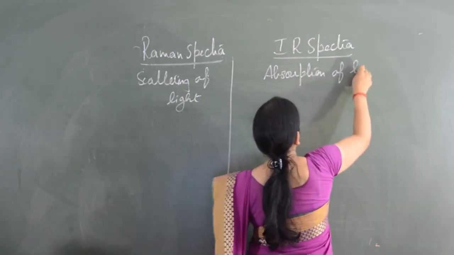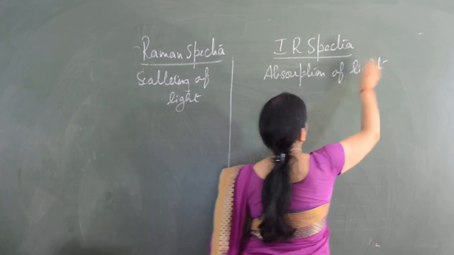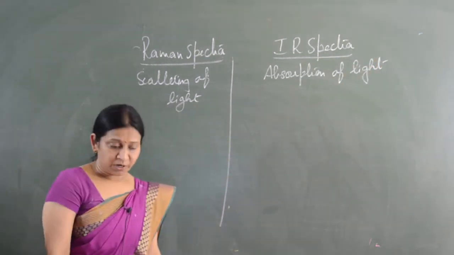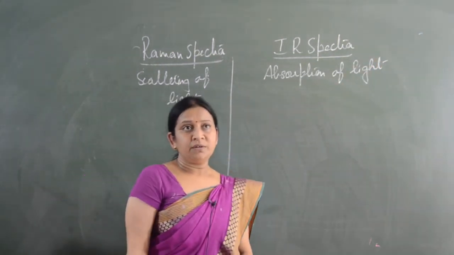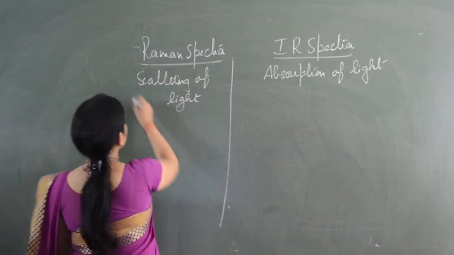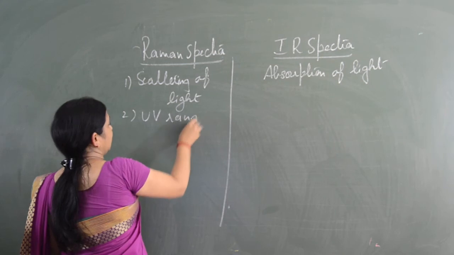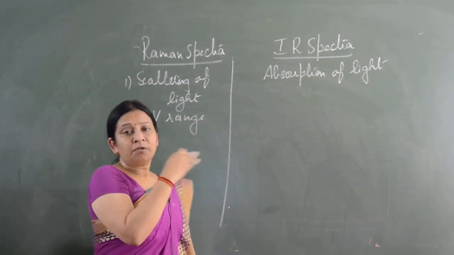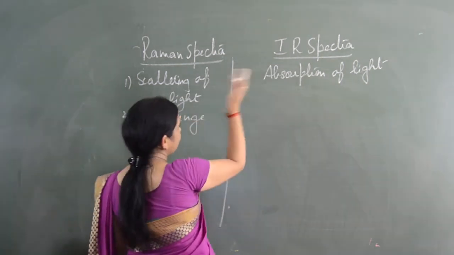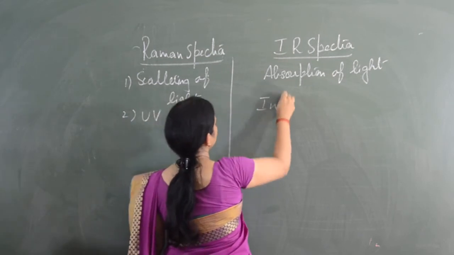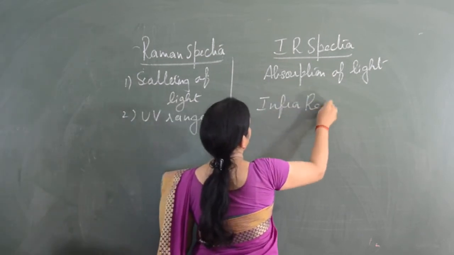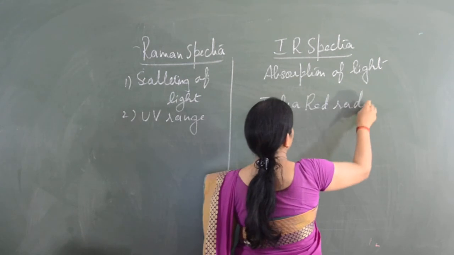Absorption of light is going to take place in IR spectra. In Raman spectra, the radiation which is used belongs to UV range. So in Raman spectra, we require ultraviolet radiation, whereas in IR spectra, as the name suggests, we require infrared radiations.